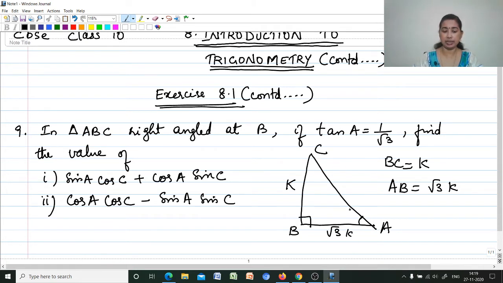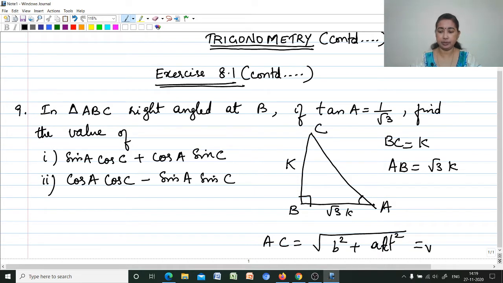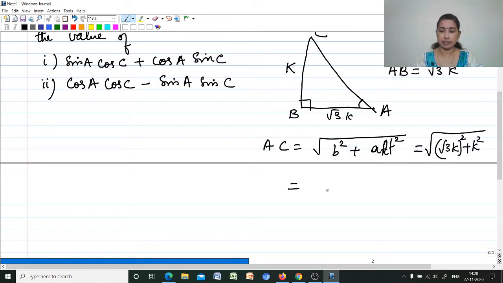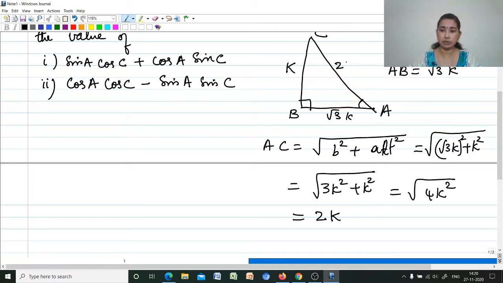So AC is equal to root of base square plus altitude square, and that is equal to root of base root 3K whole square plus altitude K square, and that can be written as root of 3K square plus K square, which is equal to root of 4K square, or that is 2K. So hypotenuse is 2K.